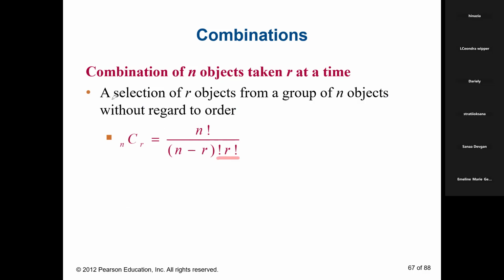That's what it says here: a selection of r objects from a group of n objects without regard to order. So here, order is not important. Permutation order is important, it does matter, but combinations order does not matter. All right, that's the only difference here.